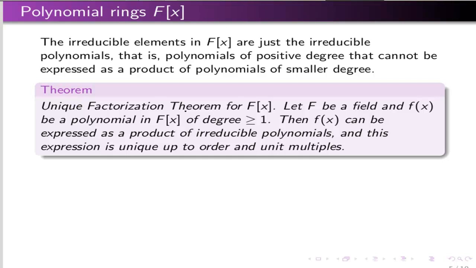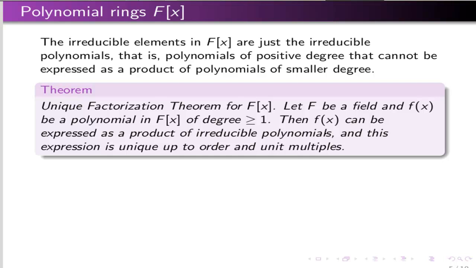It's the unique factorization theorem for F[x]. So if F is a field and f(x) is a polynomial over F of degree at least 1, then f(x) can be expressed as a product of irreducible polynomials, and this expression is unique up to order and unit multiples.